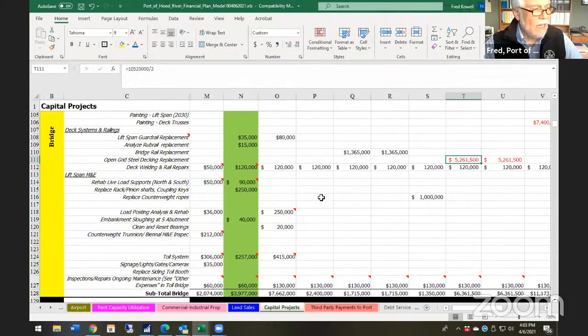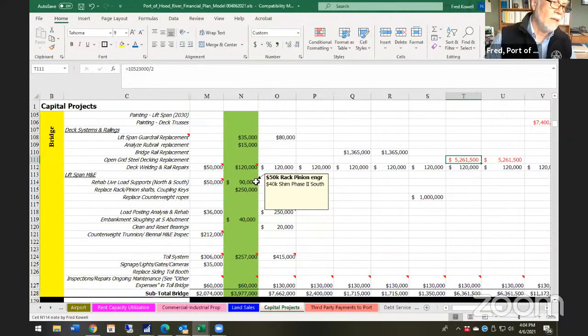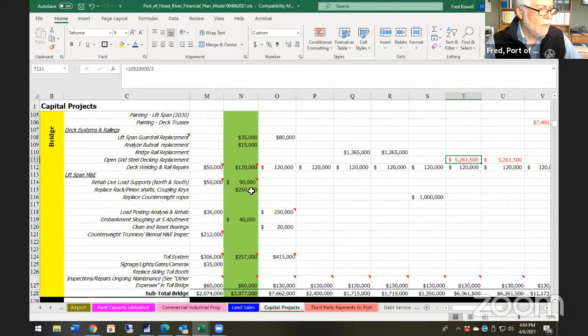And then we get into some of the others, the lift span. We're doing some engineering on the rack and pinion, and we're doing some work with regard to the shim on the south tower. And then some of the shaft work as well in this next budget.